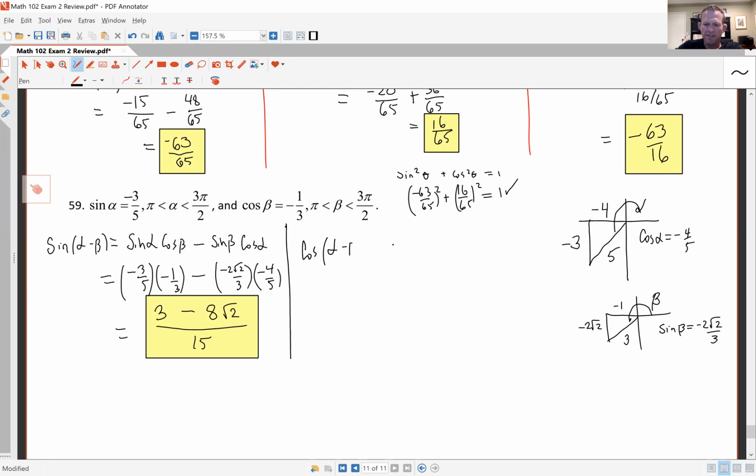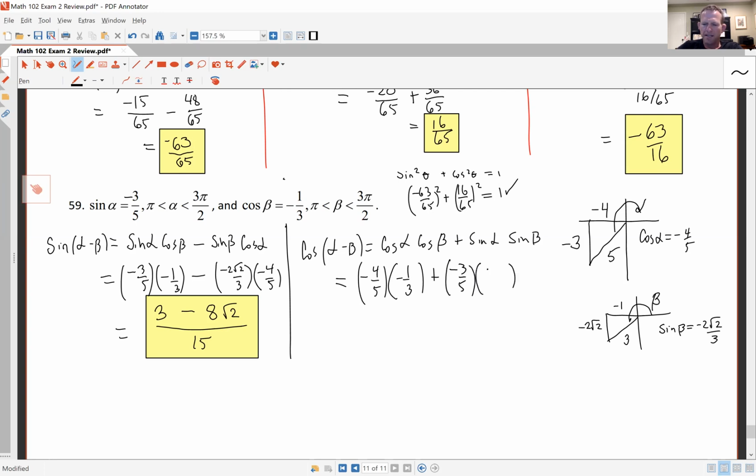Cosine alpha minus beta is going to be cosine alpha, cosine beta, plus sine alpha, sine beta. Cosine alpha, we said was negative 4/5. Cosine beta, we said was negative 1/3, or I should say was given to us. Sine of alpha is negative 3/5.